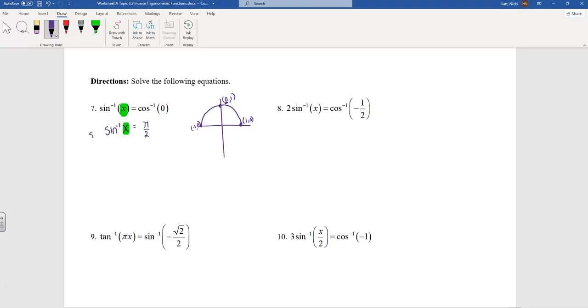So if we do sine of this side, sine of inverse sine cancels out over here, and we just have x. That means we're also doing sine of pi over 2. So x is going to equal the sine of pi over 2. What is sine of pi over 2? 1. That is our y-coordinate here.